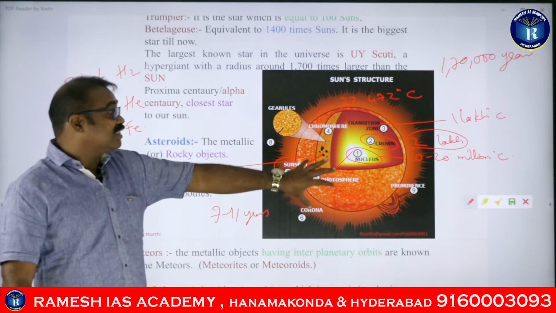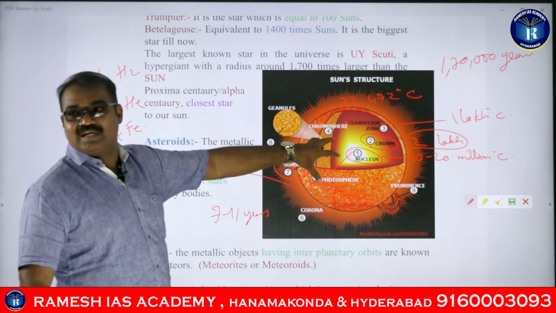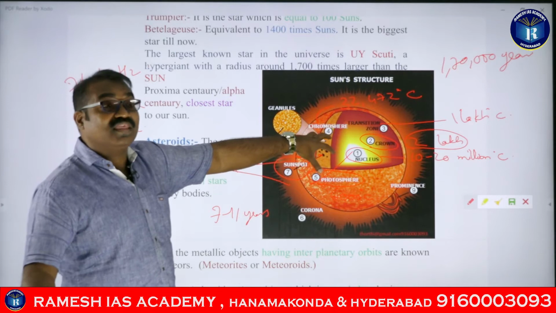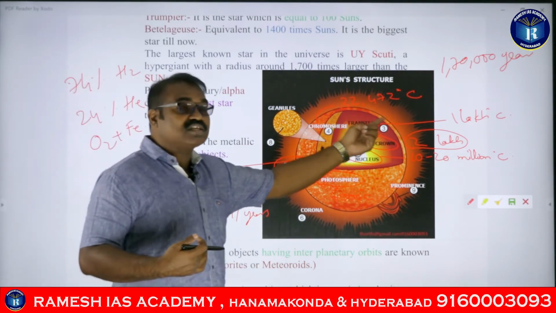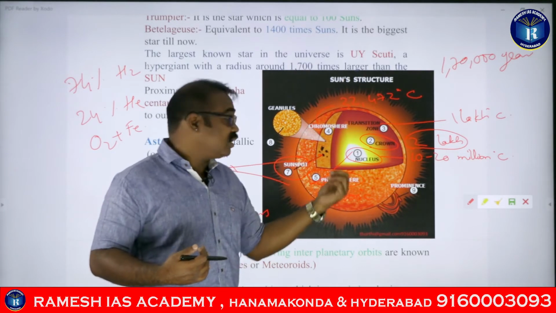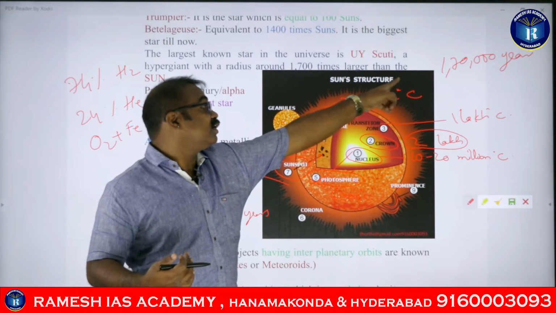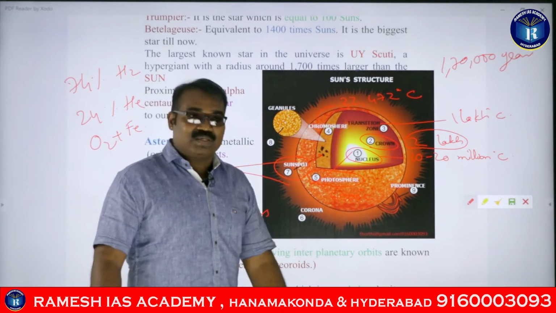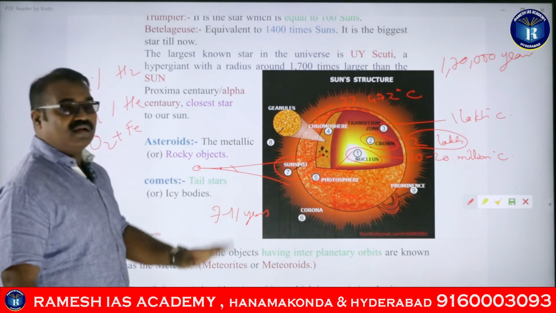There are several solar missions because we want to know what exactly is present in the sun and what is happening in the sun. That is how we have come to know that there are several spheres present, and the temperatures vary from 10 to 20 million degrees centigrade to just 6,000 degrees centigrade. This is related to the sun.